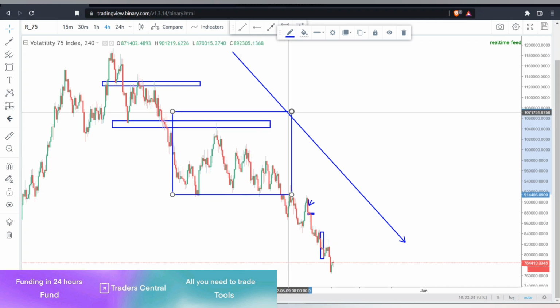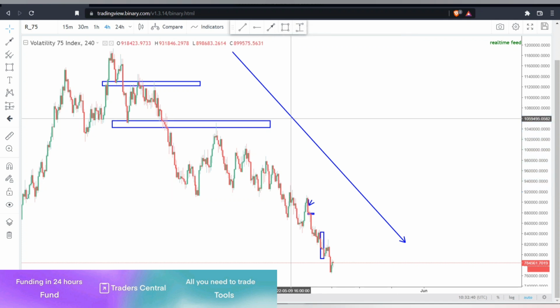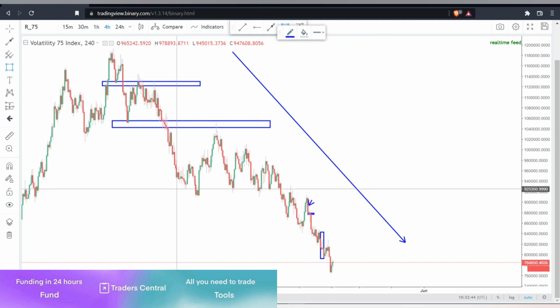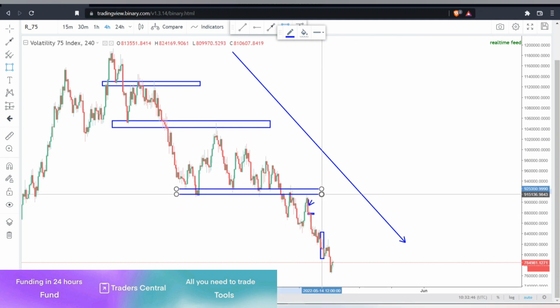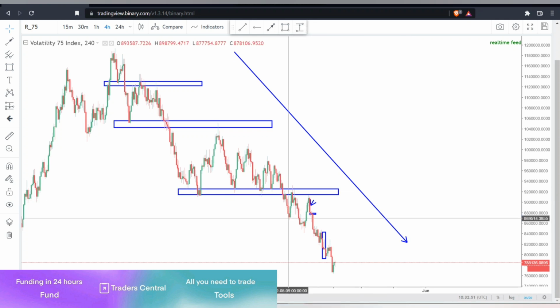You just have to wait patiently for the market to break the zones it has been respecting, and after the break you wait for a pullback. Again, do not forget weak rejections.